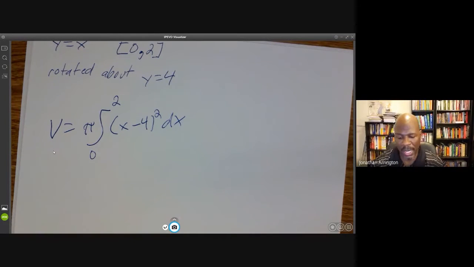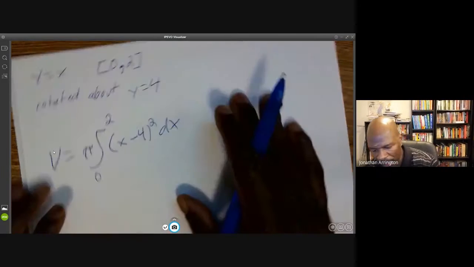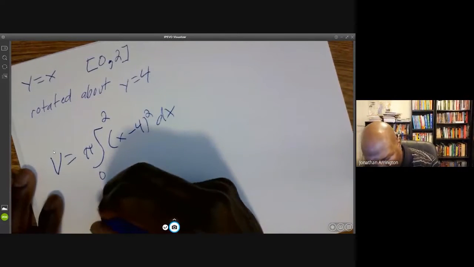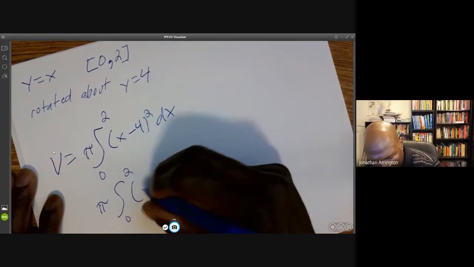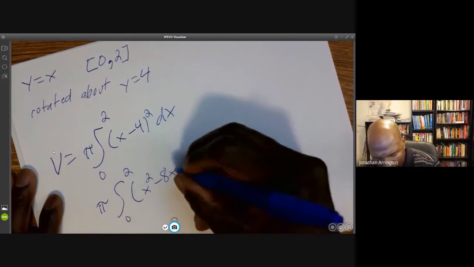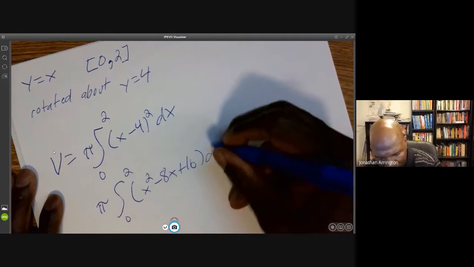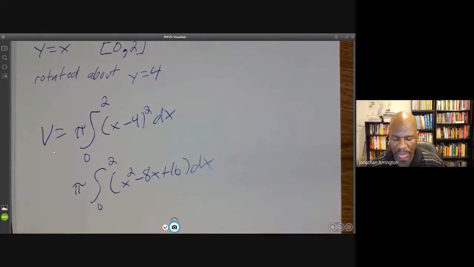Again, it's not x squared minus 16, rather it's x minus 4 squared. I like to expand this before I integrate. So this will be pi times the integral from 0 to 2 of x squared minus 8x plus 16.